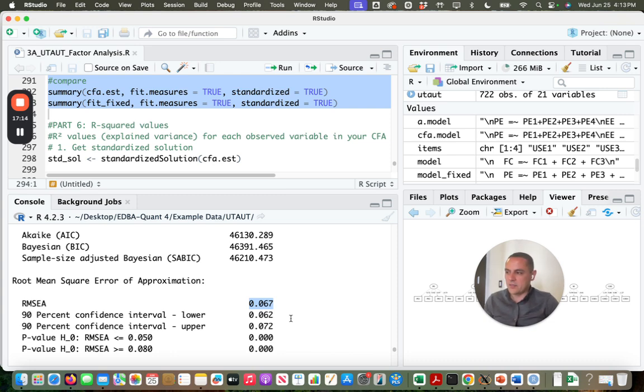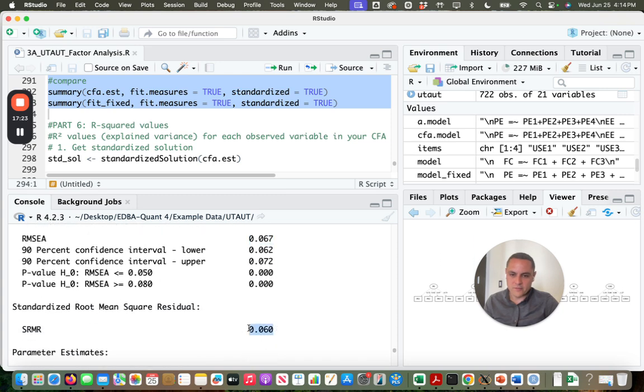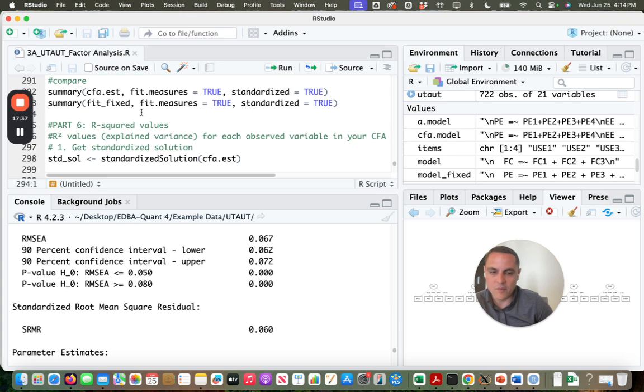The SRMR went from borderline to pretty solid. So that's the whole basis of modification indices. Again, you need theoretical reasoning behind making these changes, but that gives us good information. And the modifications did what they were supposed to, which is to improve the fit.